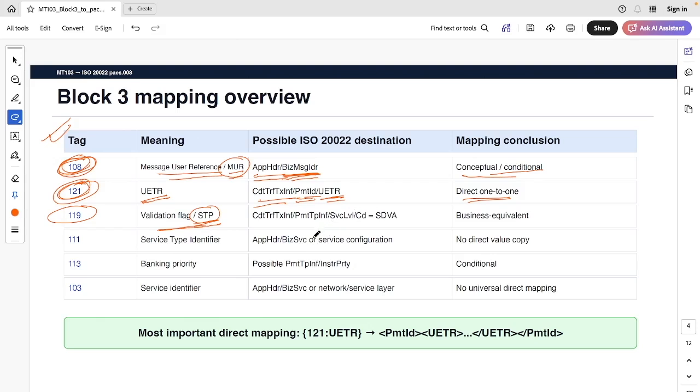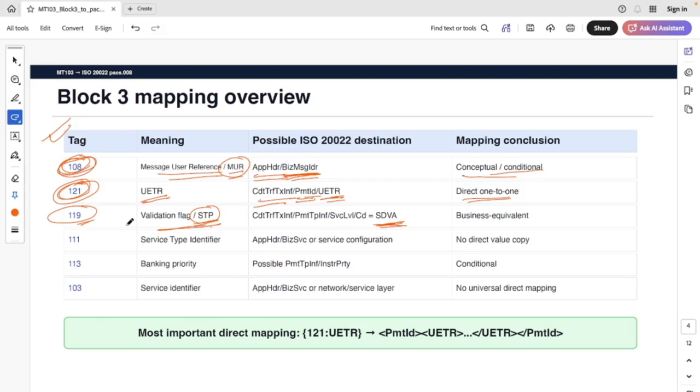So we should not say the text STP is simply converted to SDVA. A service level code such as SDVA may be required by a particular user's guideline or market practice guideline, but this is a rule of that profile rather than a direct field-to-field transformation from tag 119. By the way, this SDVA basically stands for same-day value available, and it instructs that the payment must be executed or settled with same-day value, that is credited on the same business day.